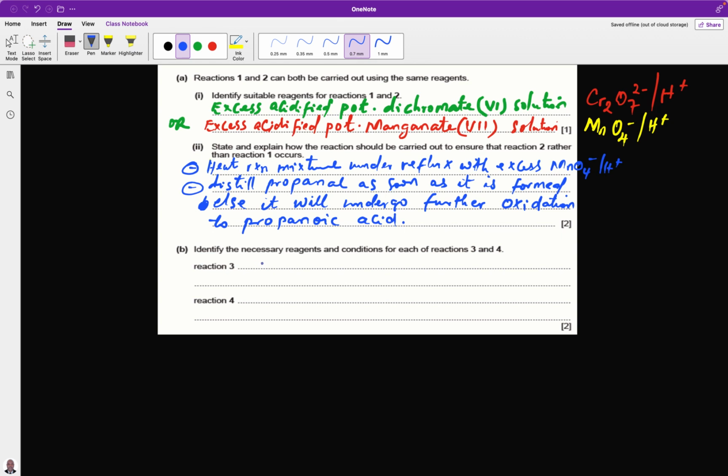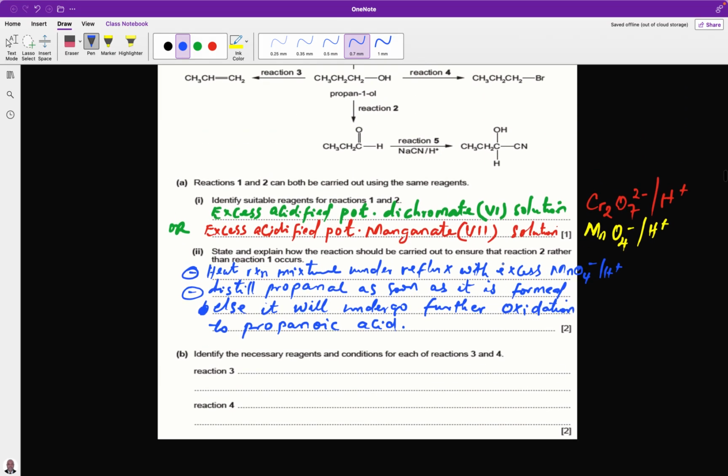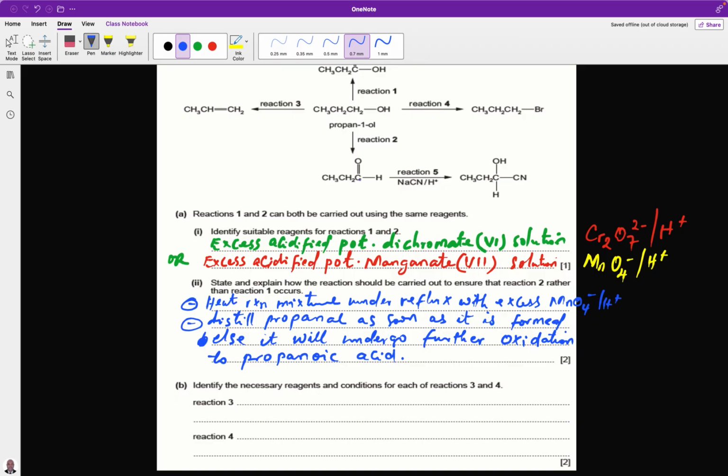Identify the necessary reagents and conditions for reactions 3 and 4. Reaction 3 is dehydration, using excess concentrated sulfuric acid.